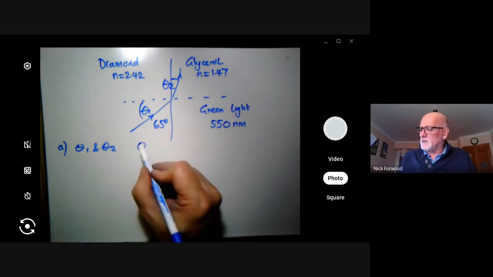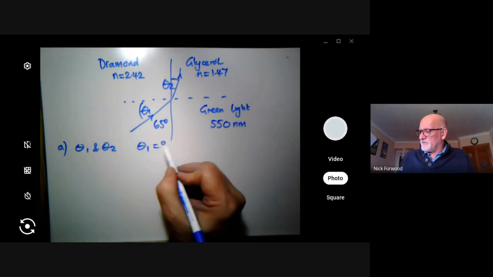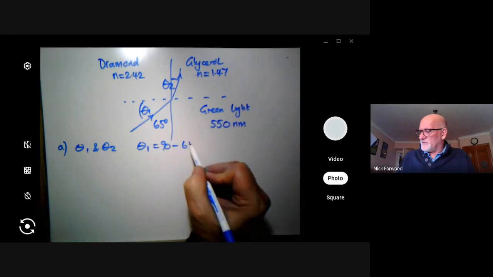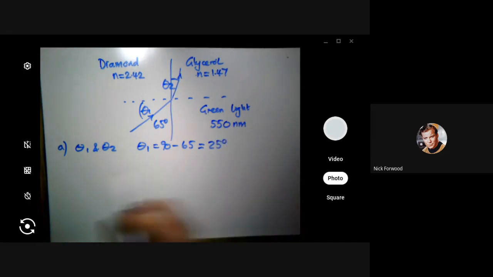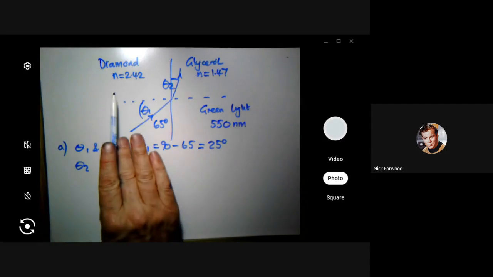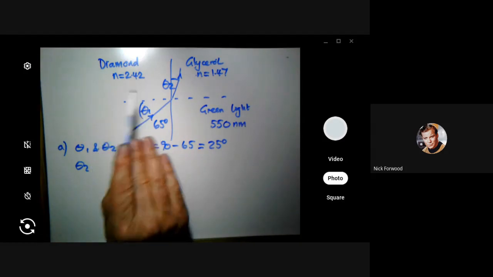Theta 1, because that's not theta 1, that's theta 1, is 90 degrees minus 65, and that is equal to 25 degrees. Theta 2 is not particularly straightforward here because it's two different materials. It's not the plain simple n is sine theta 1 over sine theta 2.